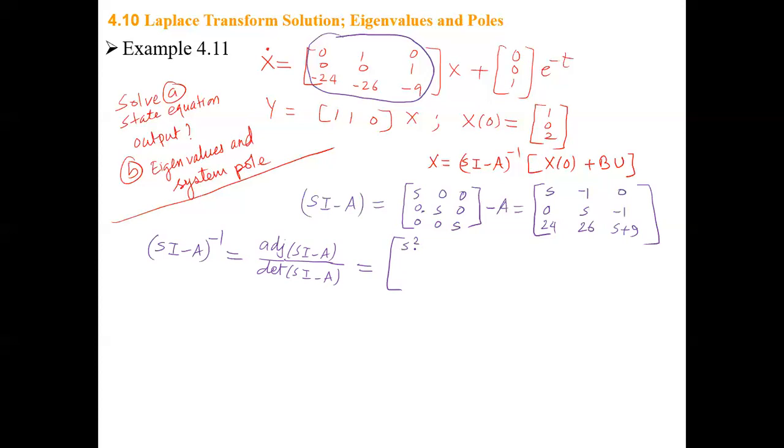s squared plus 9s plus 26, minus 24, minus 24s, s plus 9, s squared plus 9s, minus 26, s plus 24. Then the third column is 1, s, s squared.